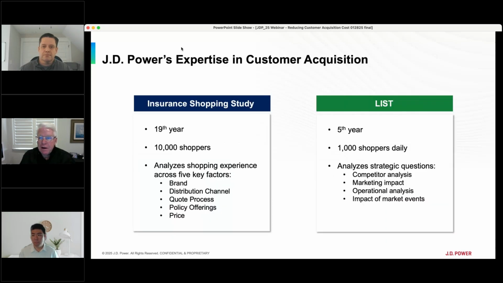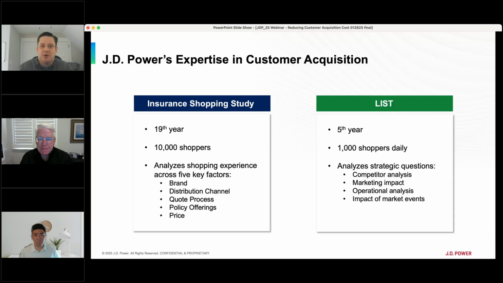Before we dive into it, Steve, I want to level set in terms of why JD Power and our expertise in customer acquisition. We have been doing quite a bit of research in insurance shopping over the years, and we have a newer solution that's more real time in terms of shopper intelligence, right?